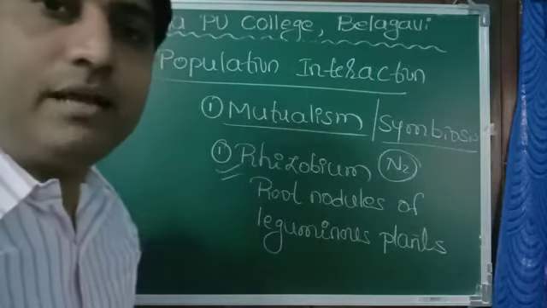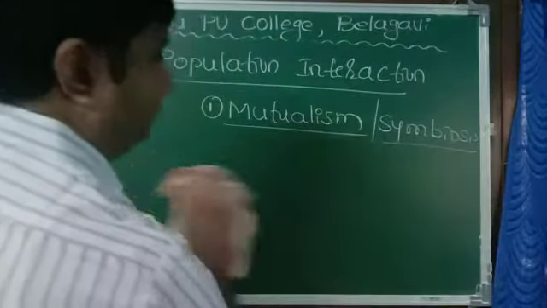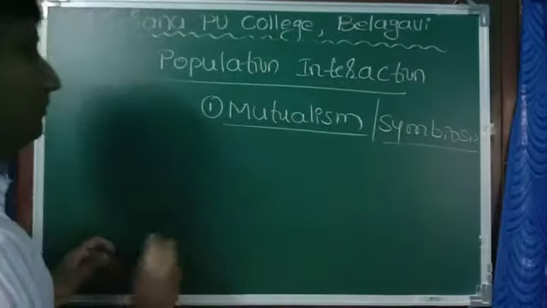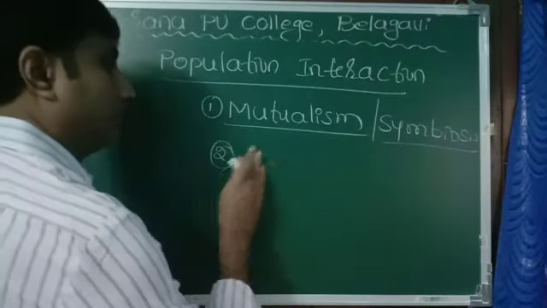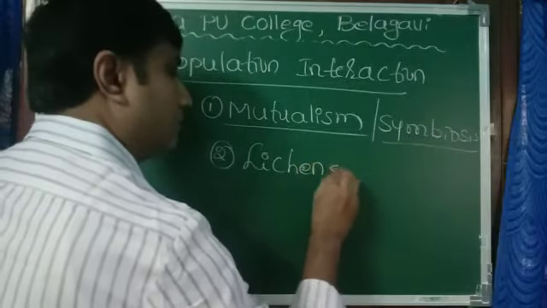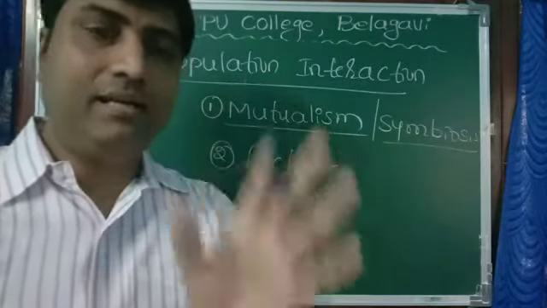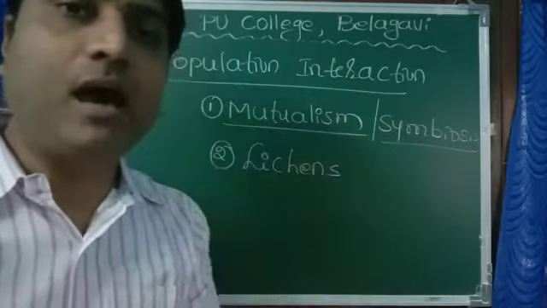Second example I'll take from lichens. What are lichens? Lichen is the association between algae and fungi.